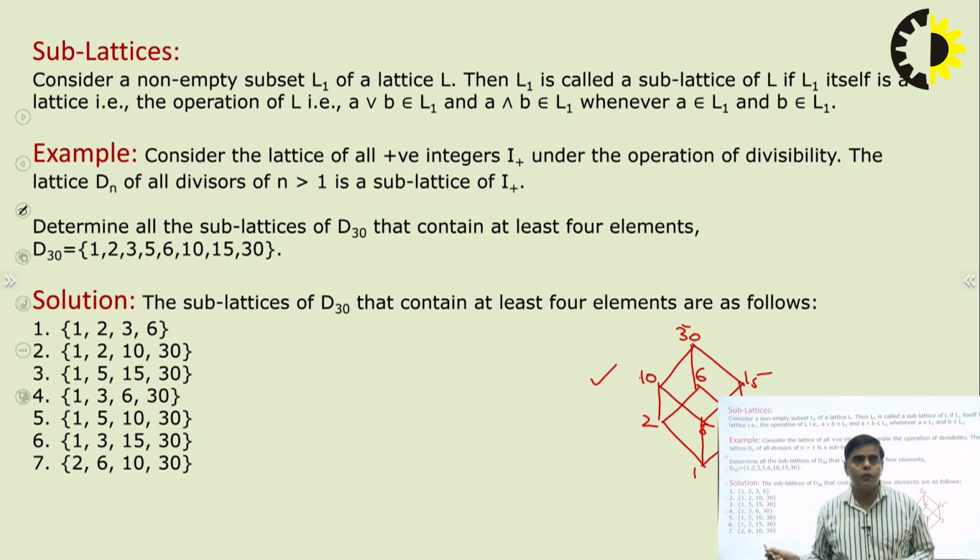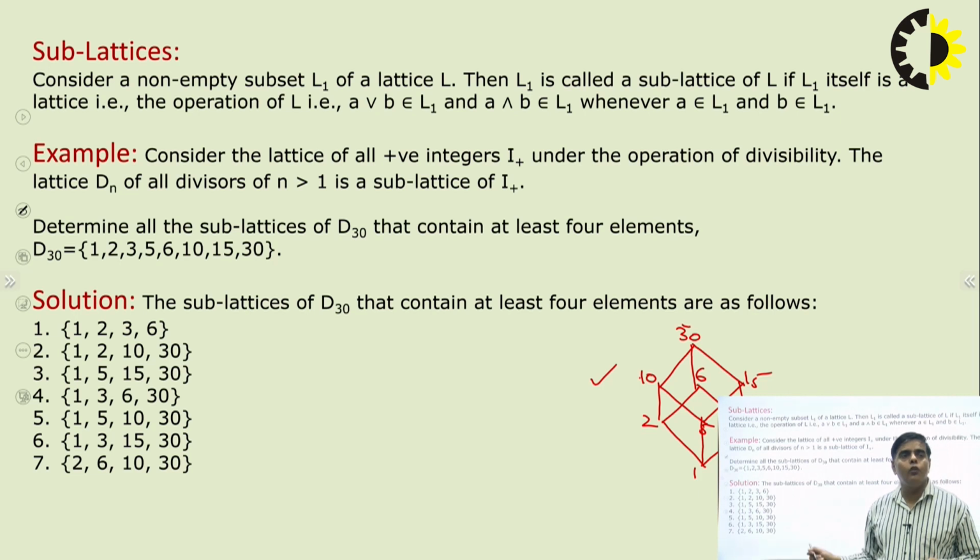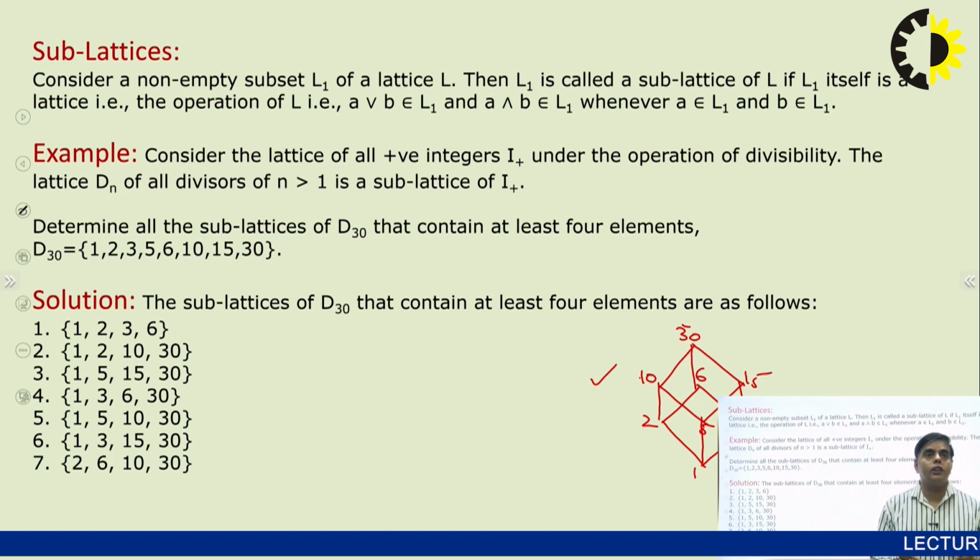Similarly, different examples are given here, and each is a sublattice of D30. So if for a particular substructure of a given lattice there still exists the LUB and GLB for each and every pair, we can say this is a sublattice of the given lattice.